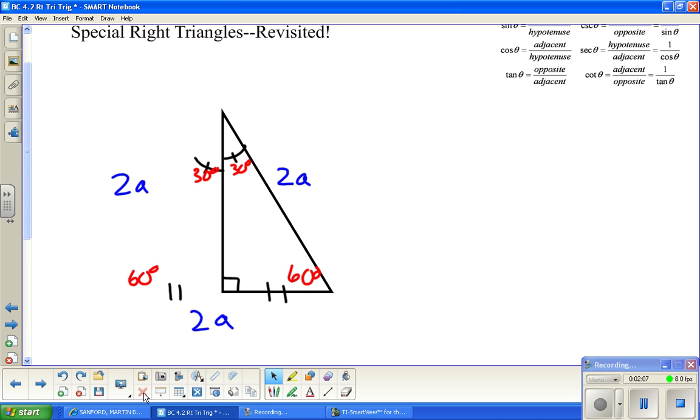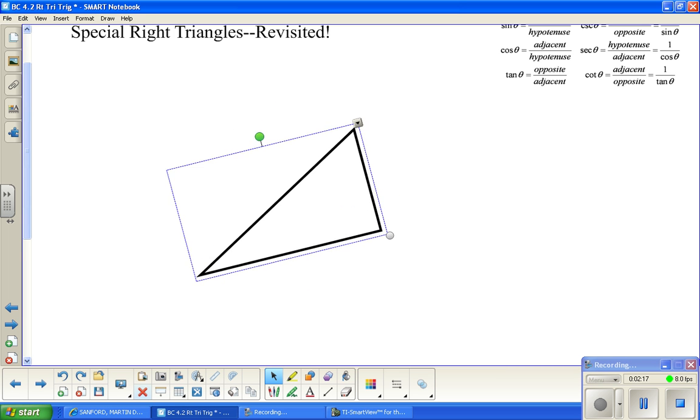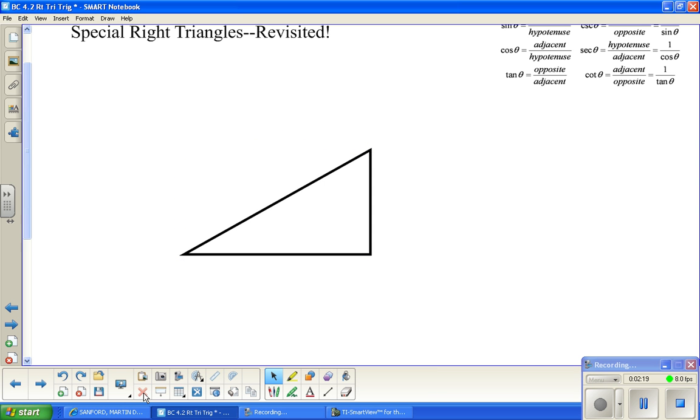Goodbye. I know you're probably annoyed because you were probably taking notes on that, and I'm sorry. But all I wanted that for was to establish where this came from, and remember that this was 2a, and after that little altitude, angle bisector, median, this was half of that, and here is a 30, 60, 90 triangle.